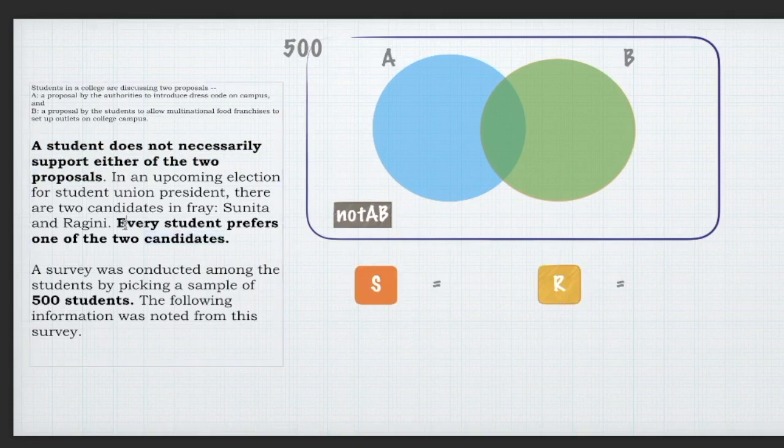But the difference here is every student prefers one of the two candidates. So later I will read somewhere that there are a total of 500 people. So I know this 500 is definitely distributed between S and R. Unlike the above story where there were some students who did not belong to either set, right?